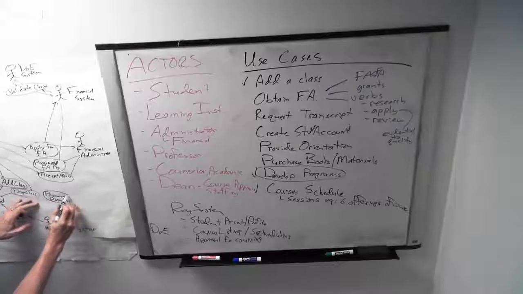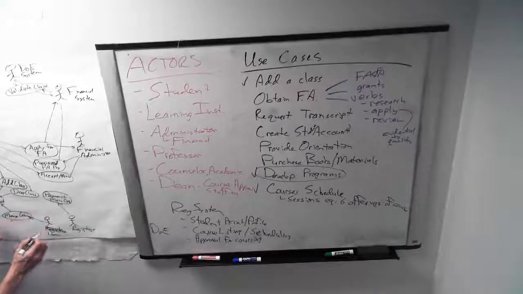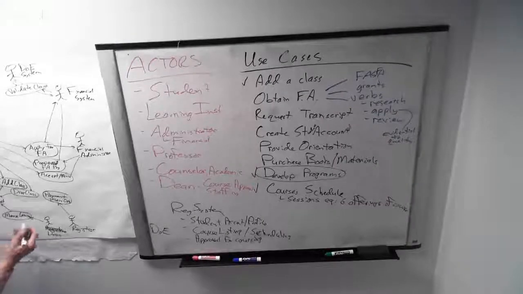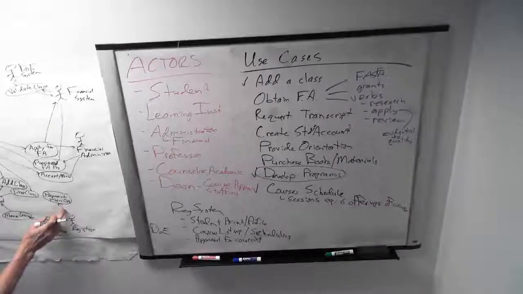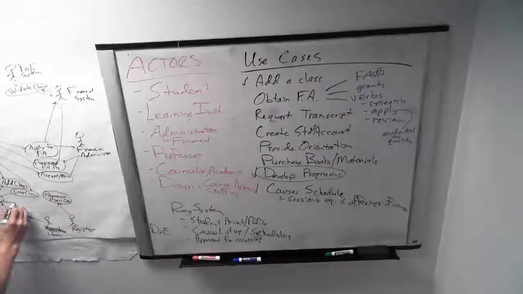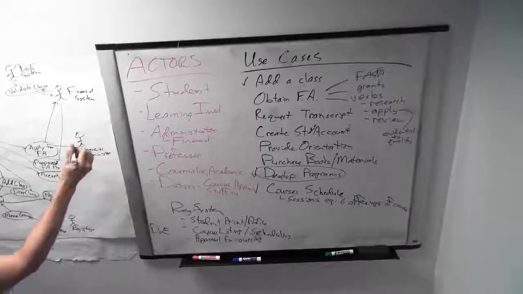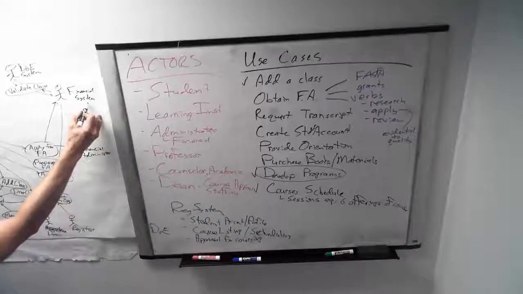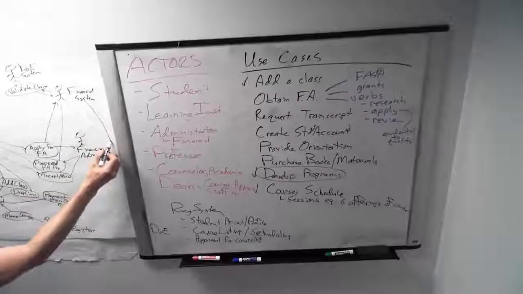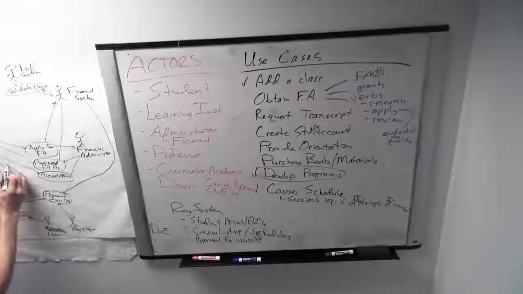So payment plan options, registrar will trigger this. It's probably based on some business rules. That's taking input from the registration system, and it's going to blend in the financial system as well. Make this guy loop around here, and it's going to go back to the student.